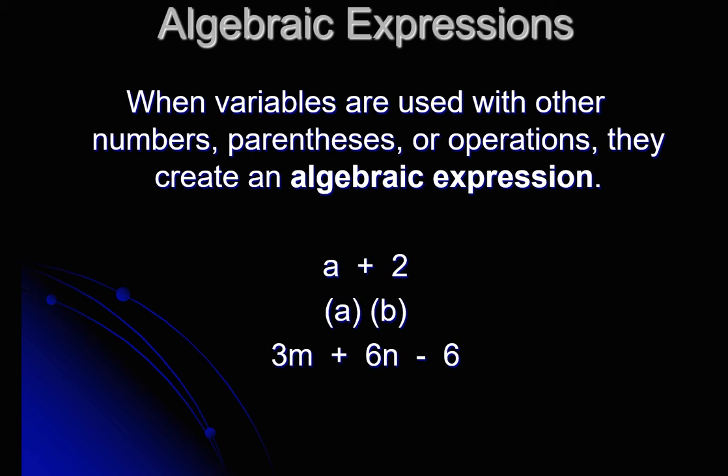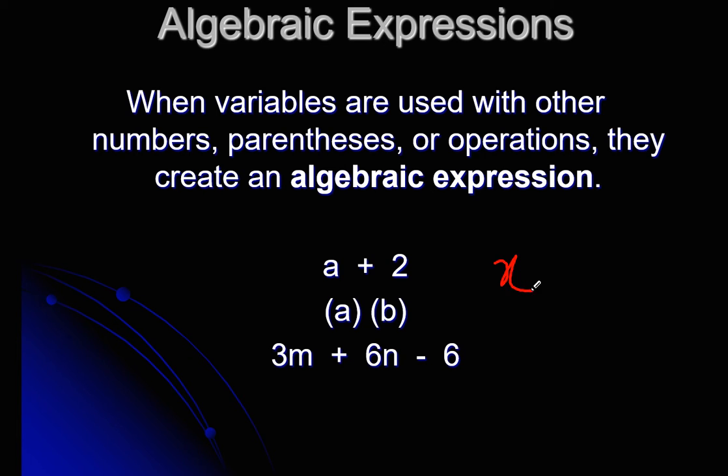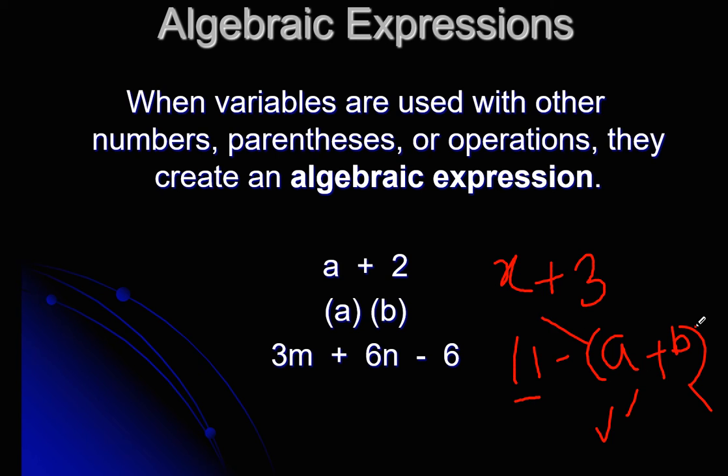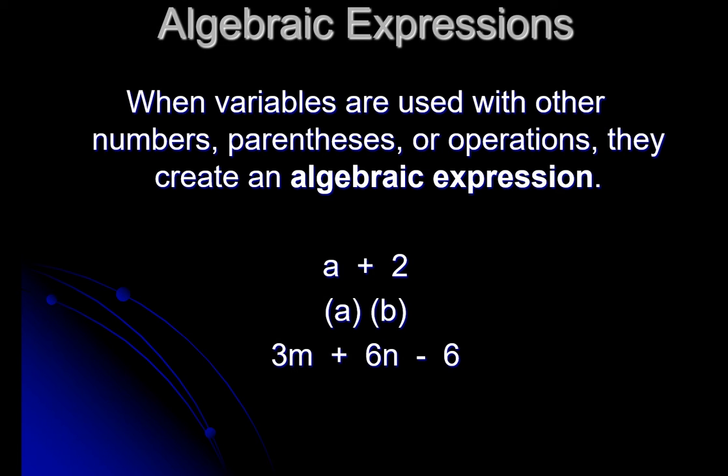Let me write one randomly: x plus 3, or 11 minus a plus b. Here 11 is a constant, a and b are variables, plus and minus are operators, and the brackets are called parentheses.